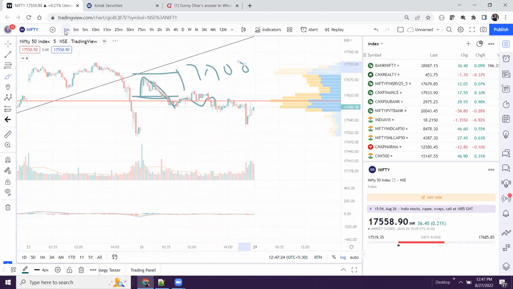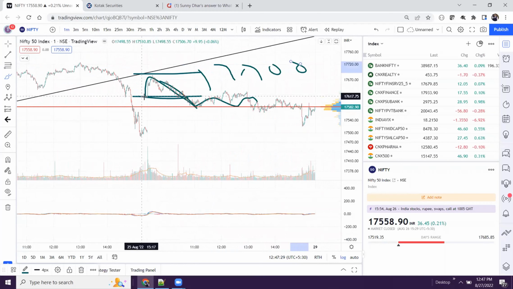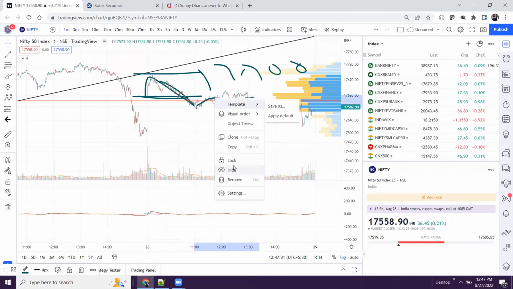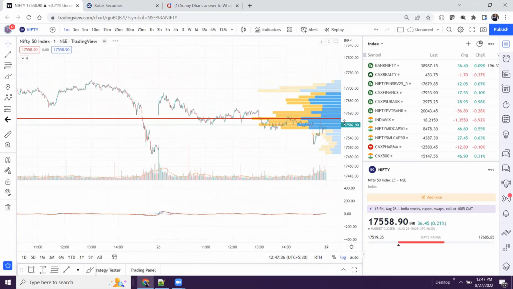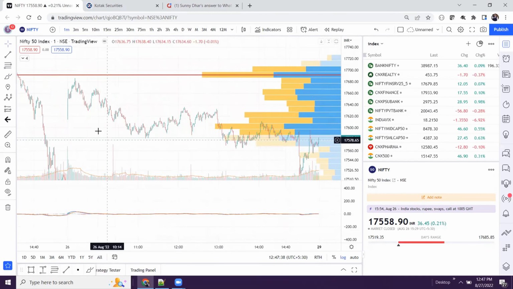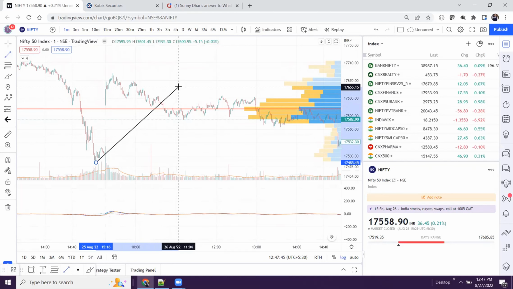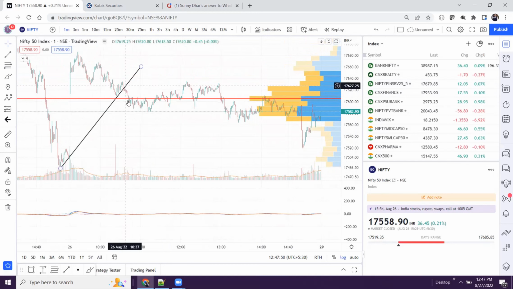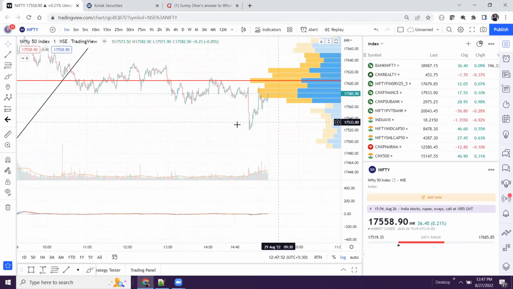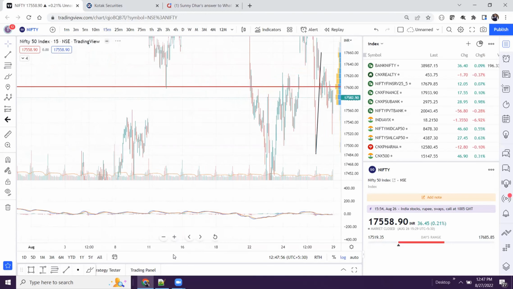If you trade on a lower time interval, you can find a better entry also. So at this time, if you draw this trend line, the trend line was broken, and then you could have entered this trade. And at the close, you got a big bearish candle.